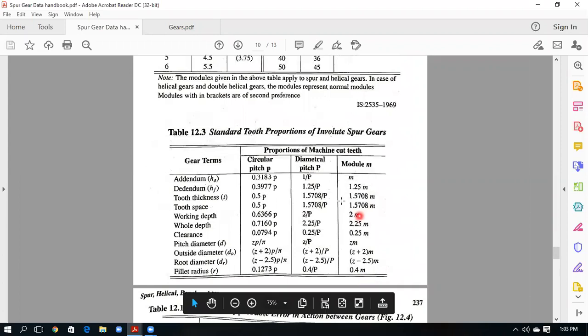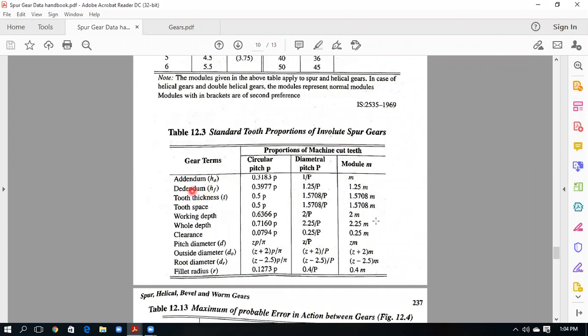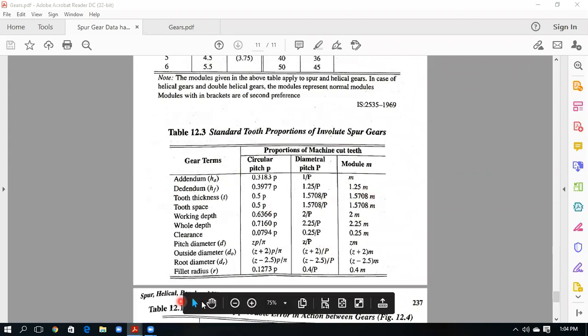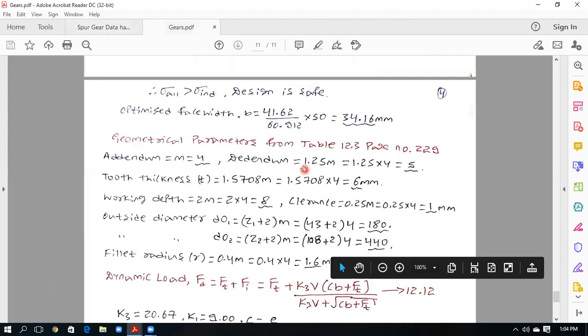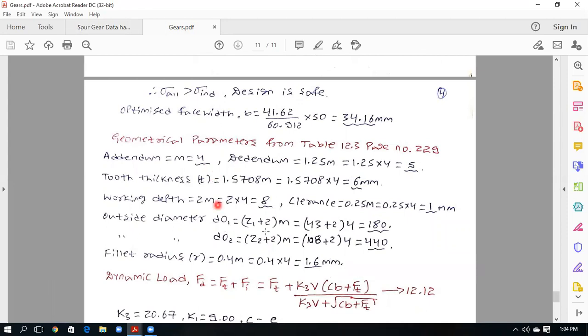According to the module, addendum is equal to m, which is already calculated as 4. Similarly, dedendum is equal to 1.25 into 4, which is equal to 5. Like that, take down all these formulas for tooth thickness and the other geometric parameters. Here I have calculated all these geometric parameters.